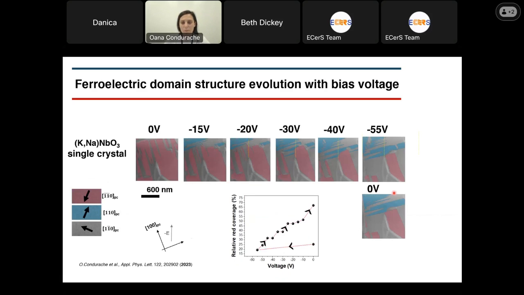However, on the minus polarity, switching the electric field, the behavior was slightly different. Now the blue domains were growing, with traditional forward growth until a certain voltage, when the number of domain walls suddenly increased and a lot of splitting took place, and we believe this happened because of stress accumulation.